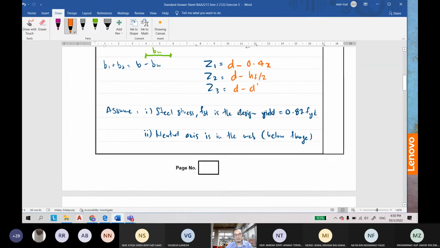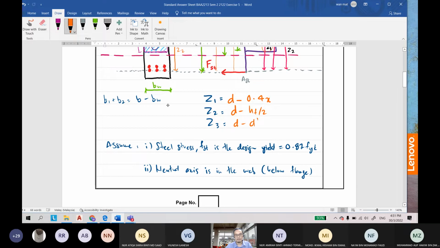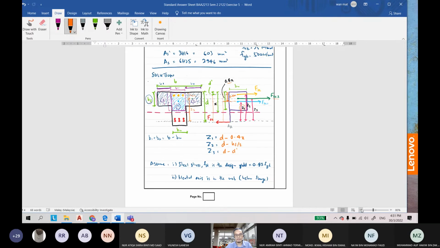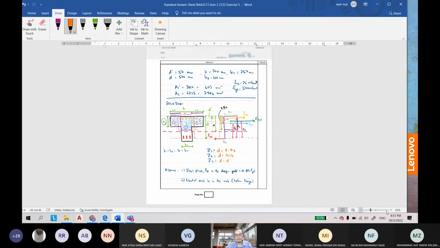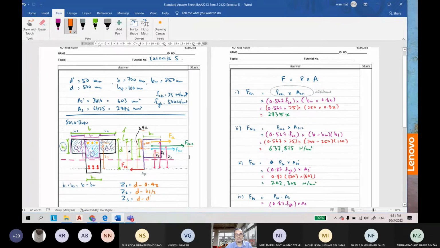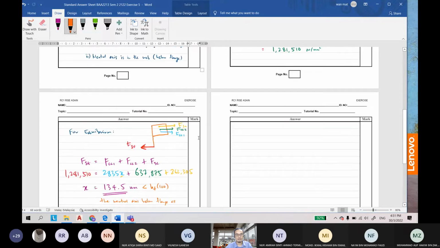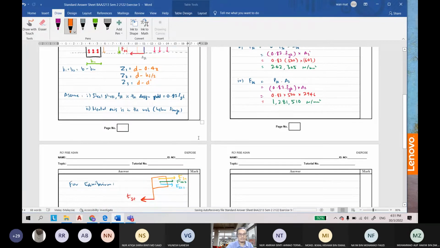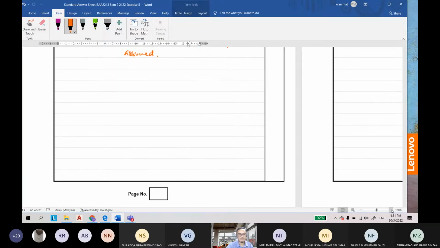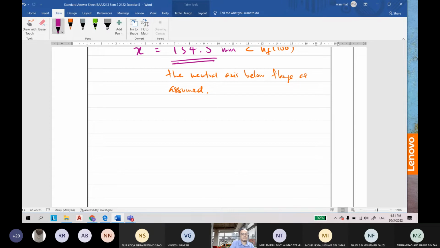This is the Z. Z1 is equal to D minus 0.4x, so 500 minus 0.4 times 134.5.